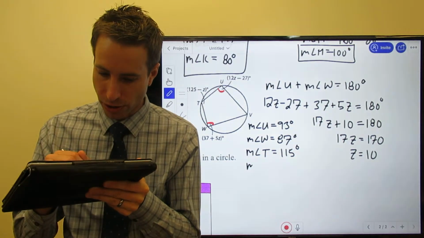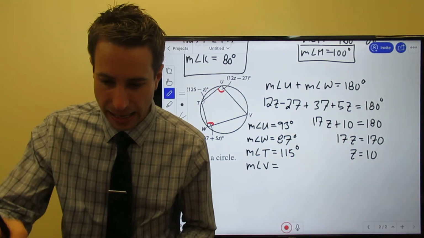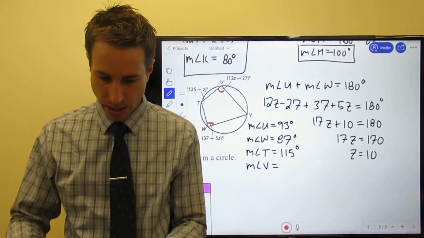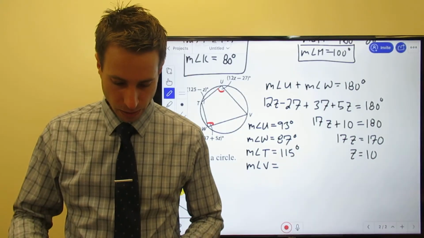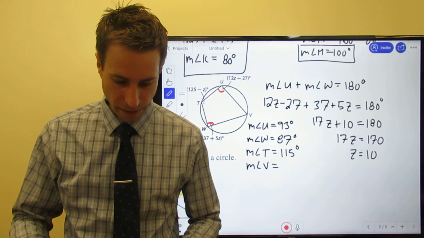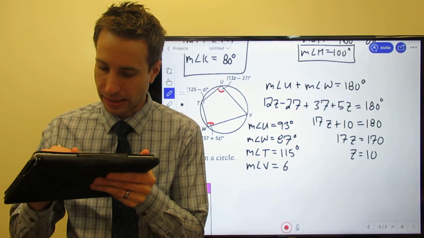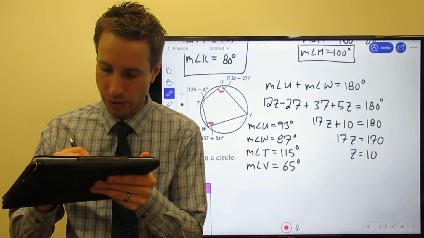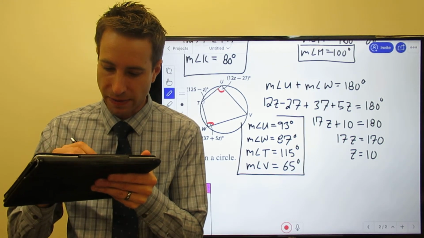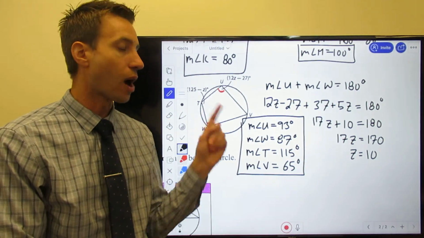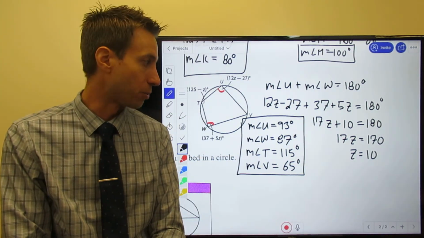Well, the measure of angle V has to be 65 degrees. Now you know the measure of each of those angles. Our inscribed quadrilateral theorem helped us do it.